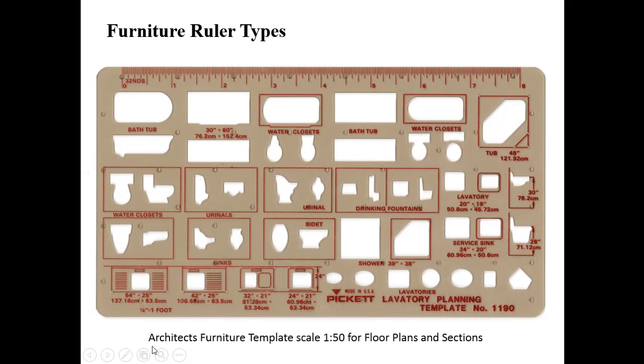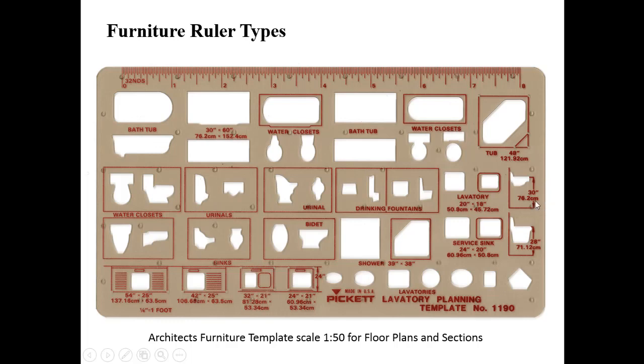This is the first type. The second type, as we see here, is an architect furniture template, scale 1 to 50 for floor plans and sections. This is another one which contains not only plan but plan and side view, and so on.